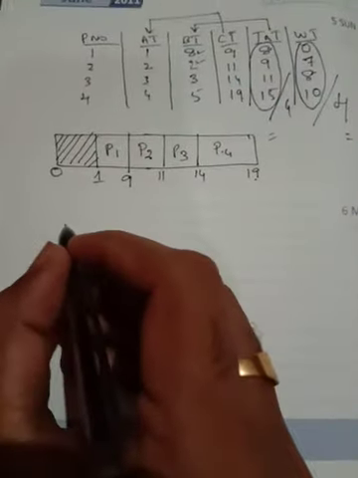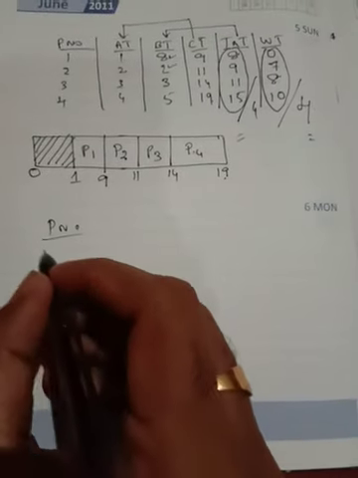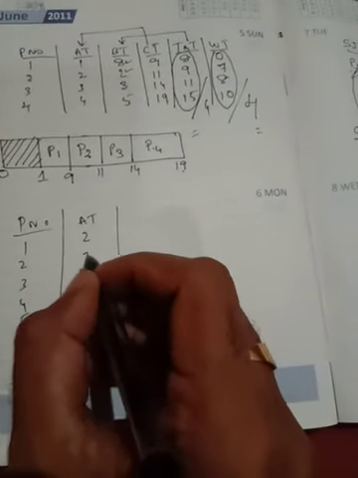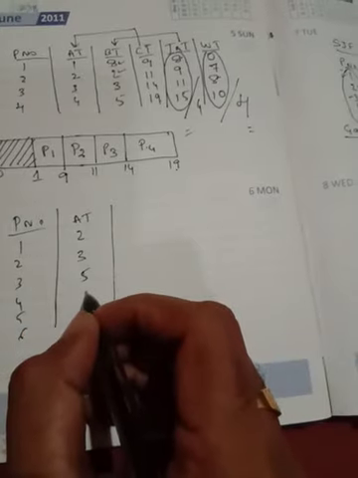If you want to try to solve this example, say the process numbers are 1, 2, 3, 4, 5, 6. Arrival times, say for example, 2, 3, 5, 6, 7, 8.